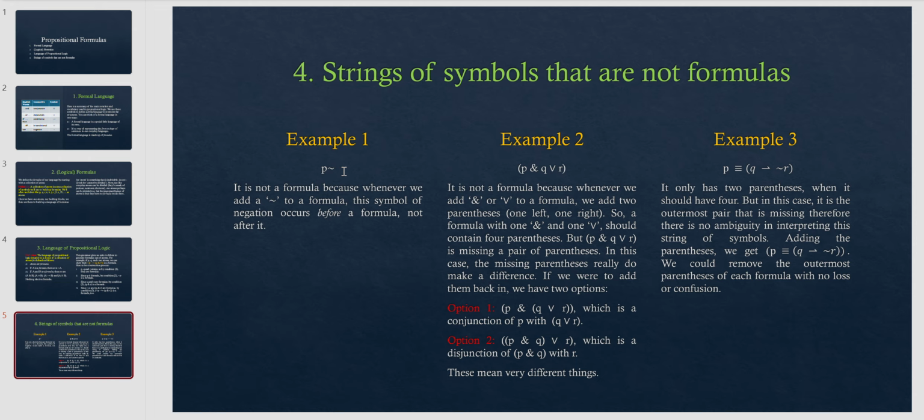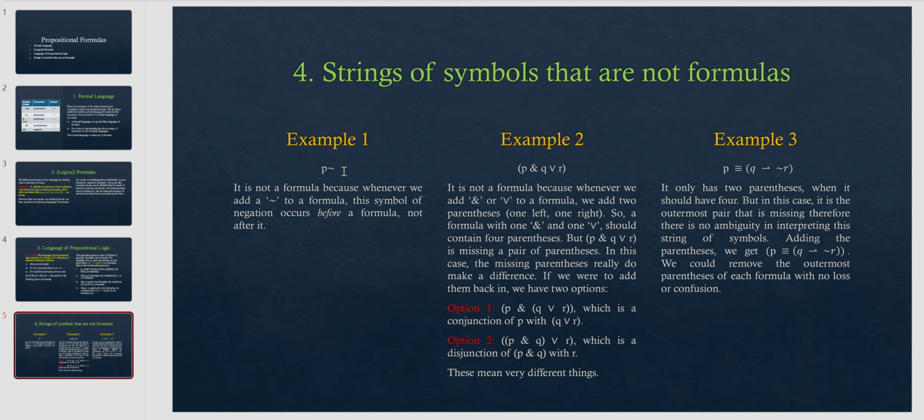And our example 2, where we have used two logical connectives, and and or, with P, Q, and R. It is not a formula because whenever we add the symbol of conjunction and the symbol of disjunction to a formula, we add two parentheses, one left, one right.